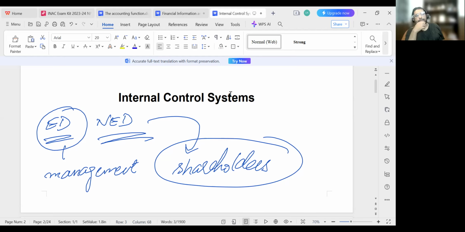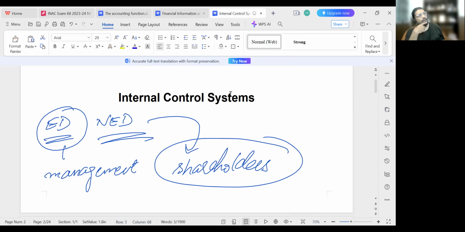Then we have different committees within the board of directors, like the remuneration committee. Remuneration committee is the one which decides the salaries of all the directors. Directors themselves cannot decide their salaries, so there would be a committee which we call remuneration committee, and that would be primarily comprised of non-executive directors, and they would be deciding the remuneration of the directors.